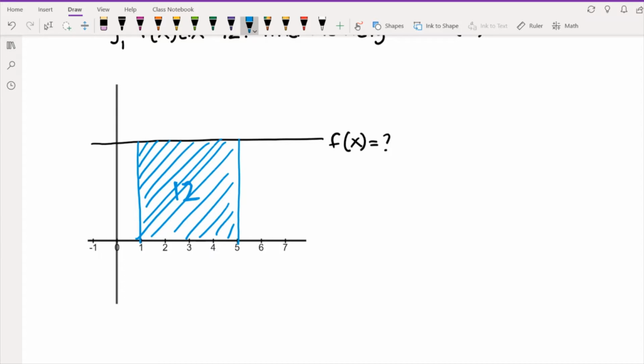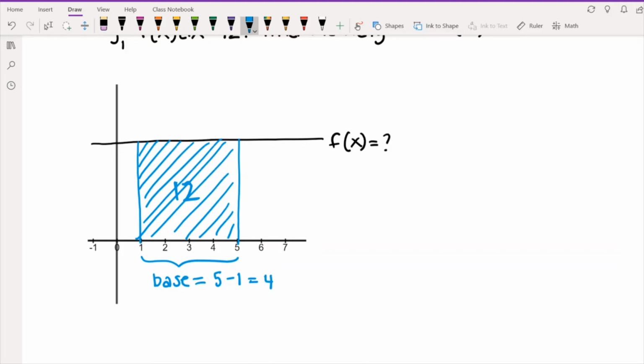So how do you find, in general, not using calculus, the area of a rectangle? Well, it's base times height, right? So here we have a base, and the base is equal to 4, right? And how would you get 4? Well, you could just count it, or you could do 5 minus 1. If you subtract the two endpoints, that tells you how long that base actually is. So our base is 4.